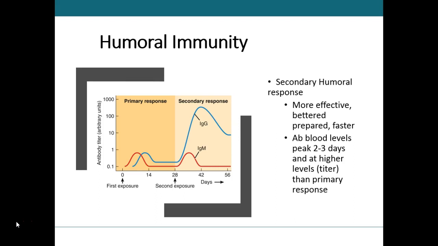Sometimes, though, you recover from an infection without taking any antibiotics or any type of antimicrobial drugs, and that's usually because of the primary response. But if that microbe affects you later, the secondary response could be so fast that the microbes are destroyed before you even get sick, so you don't exhibit any of those signs of the disease.